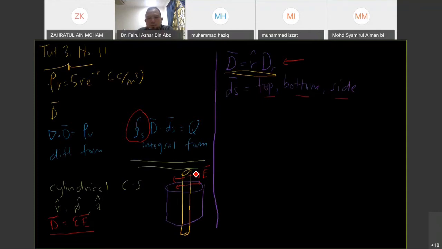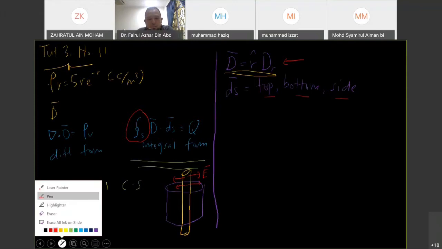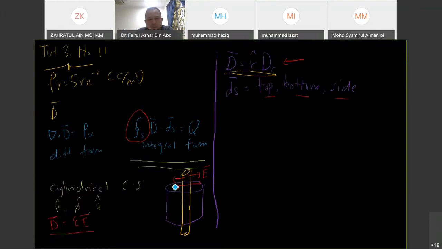So if we are referring to the cylindrical shape of a field, we need to have integration on the top surface.